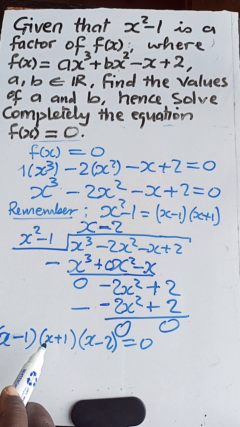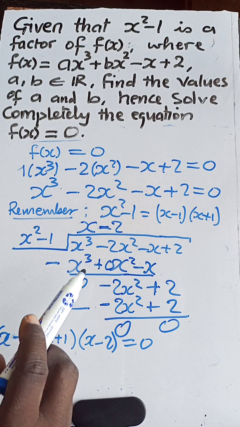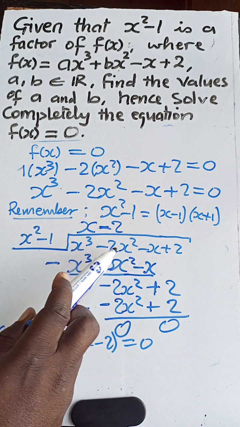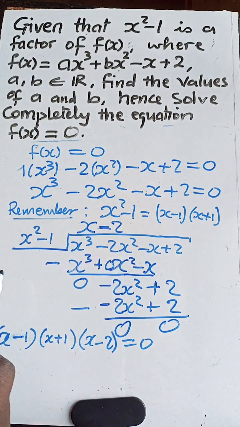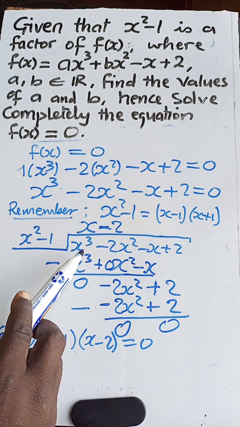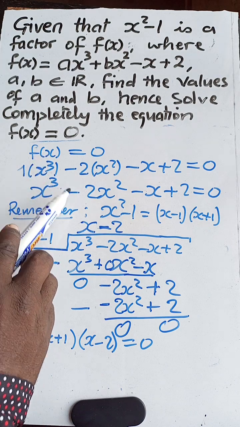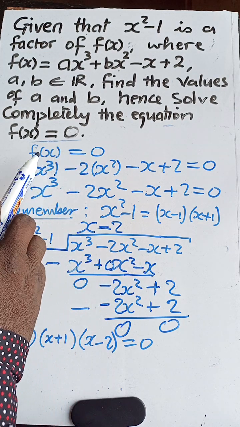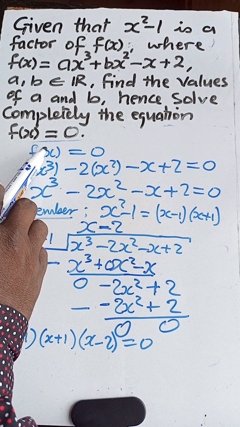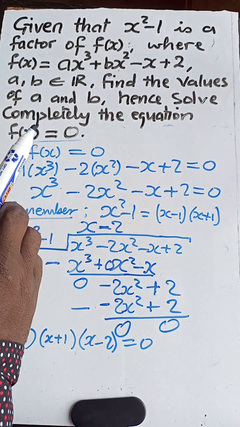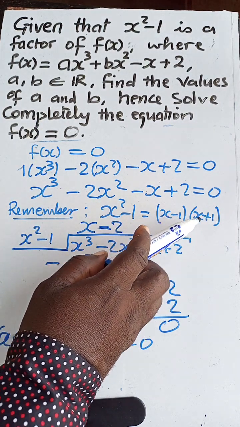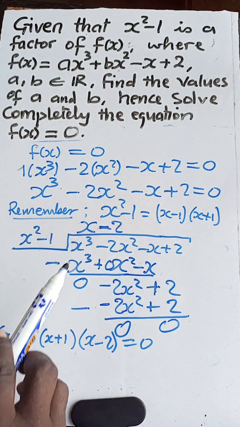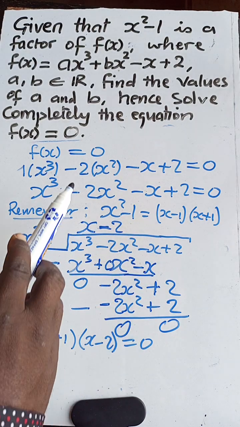If you open out these brackets, we're going to have our cubic polynomial. So instead of writing it in this form and putting it to 0, we just write the factorized form of f of x. The factorized form of f of x is this product multiplied to that. So this is what we have, equals to 0.